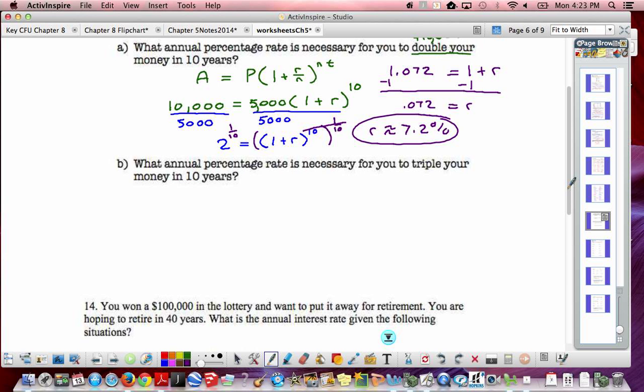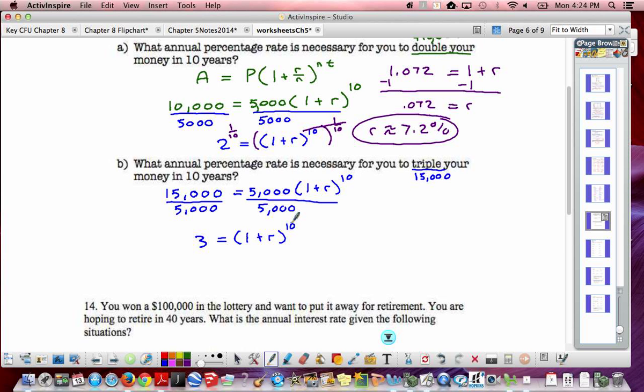Now on B, it says, what annual percentage rate is necessary for you to triple your money in 10 years? So in this case, since we're trying to triple, we're now talking about 15,000. So as we do this problem, the only thing that changes, 10,000 now becomes 15,000. So everything else is the same. So when I divide by 5,000, probably notice that instead of it being 2, this is now 3.